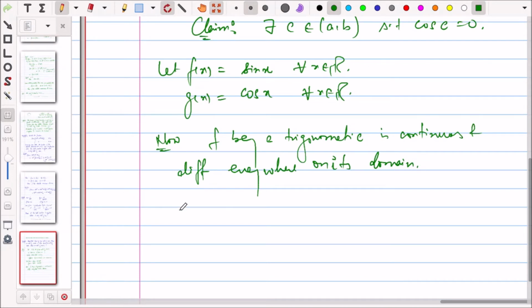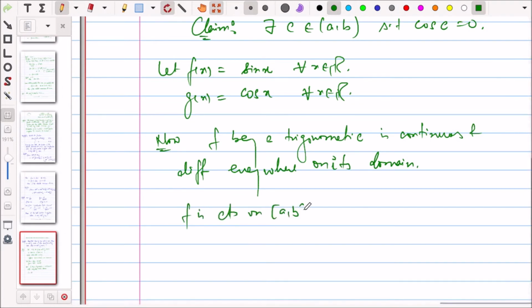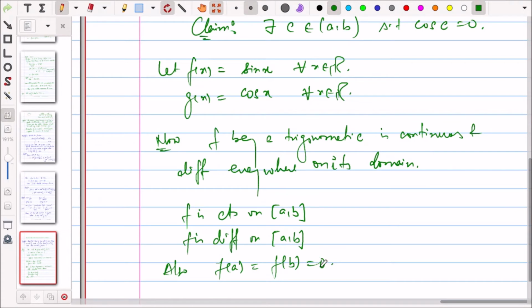So f is continuous on closed interval [a, b], f is differentiable on open interval (a, b). Also, f(a) is equal to f(b) is equal to 0, because we have taken a and b to be zeros of sin x, right?